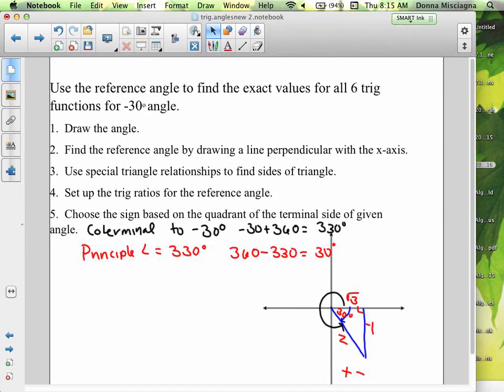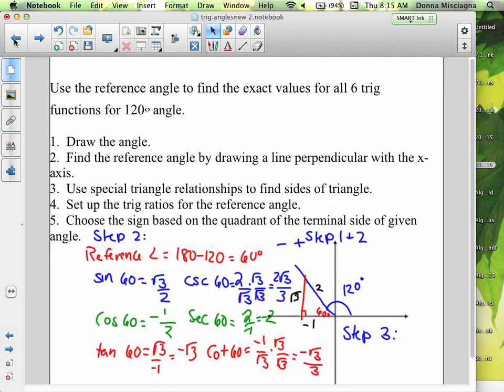We can go back and check real quickly. So on the last one, there should be 4 that are negative and only 2 positive. All right, so which 2 should be positive in the second quadrant? Which of our trig functions? Cosecant is one of them, but not cosine. Sine.